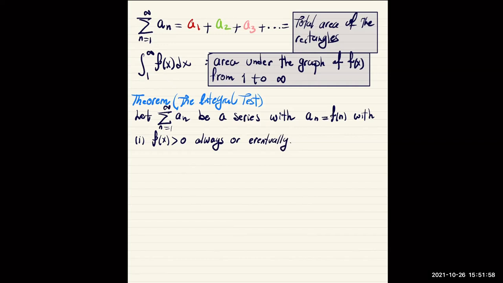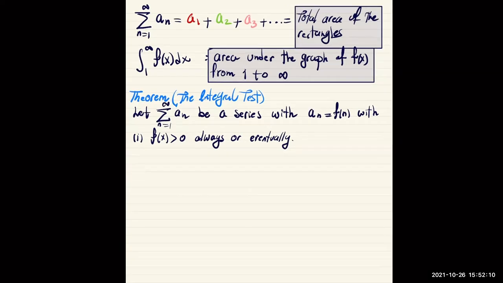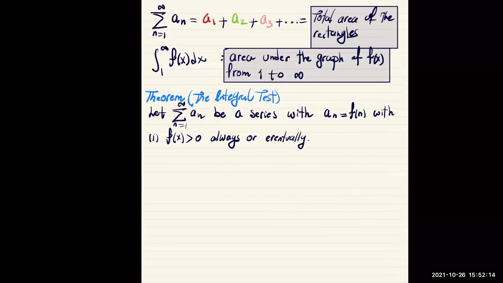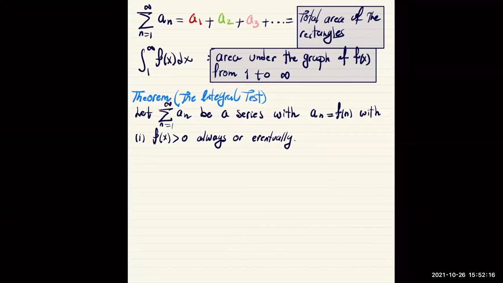Basically, this says that the series has to be a positive term or an eventually positive term series. That's what f of x more than 0 means. The sequence function has to be eventually positive, or it could be positive for all n.